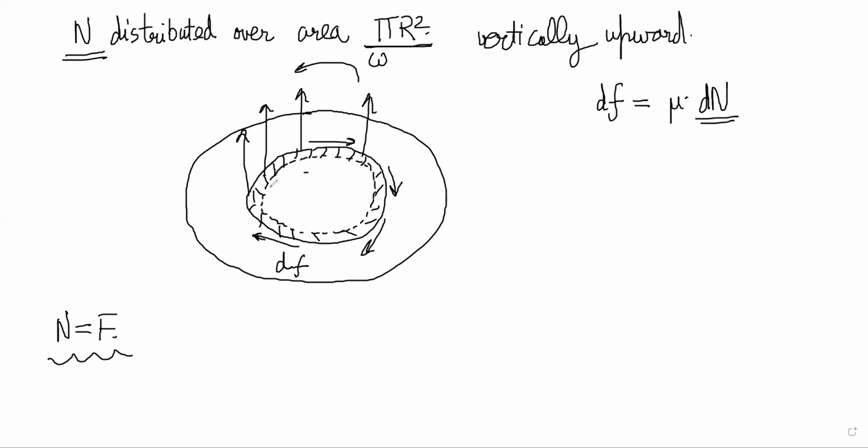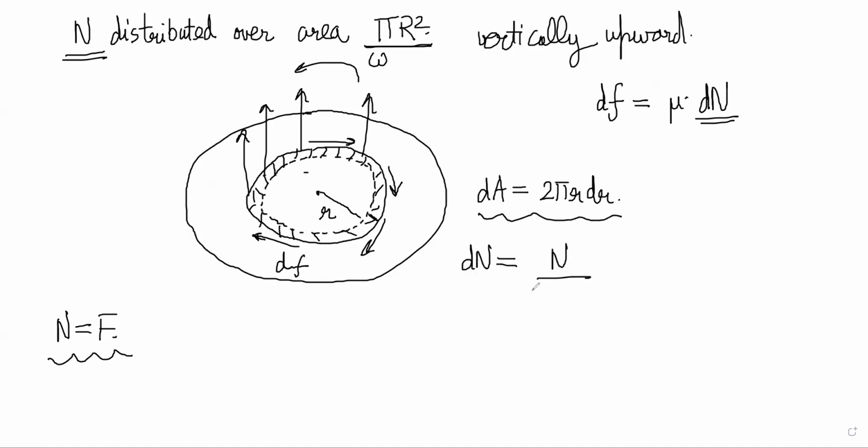So what is the normal force on this much area? Let's say this is small r and this thickness is dr. So the area dA here is 2 pi r dr. So for this much area, the normal force that will be there would be N by pi capital R square multiplied by 2 pi r dr.